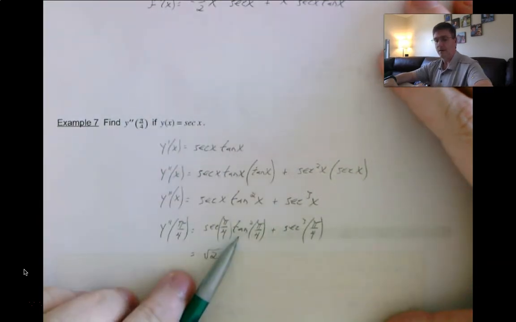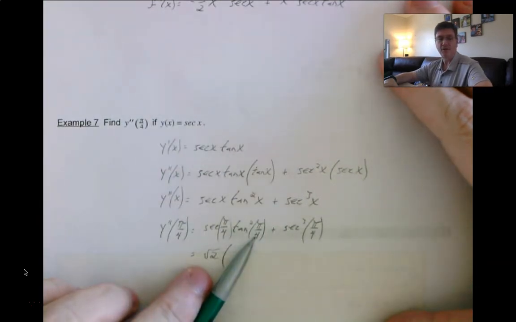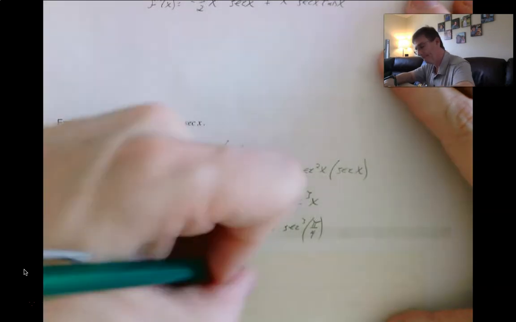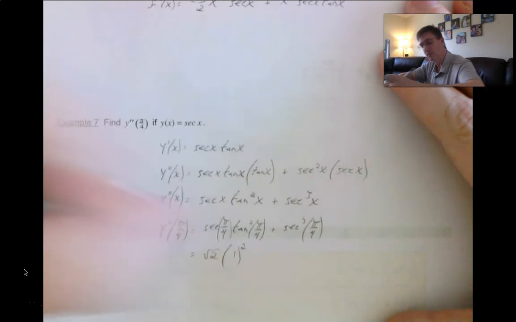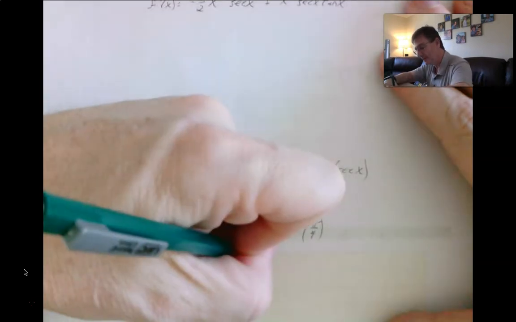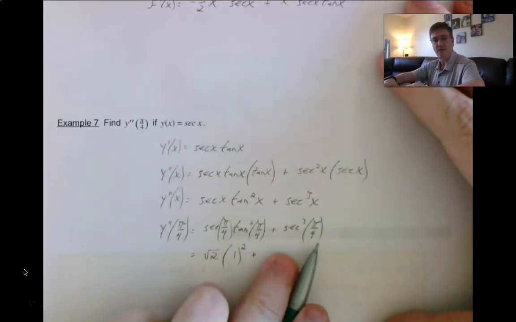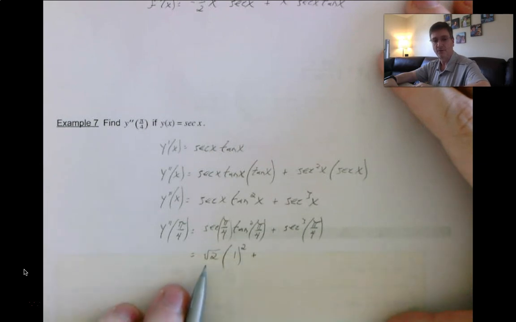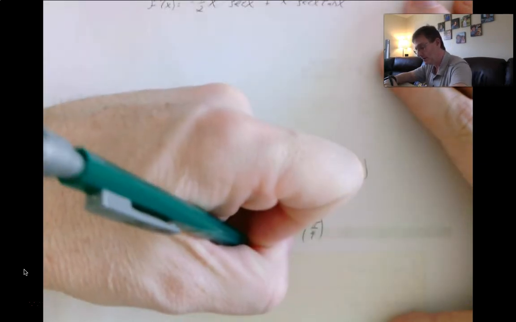Times tangent of pi over 4. Tangent is y over x, or sine over cosine. Y is square root 2 over 2, x is square root 2 over 2. Square root 2 over 2 over square root 2 over 2 is 1. 1 squared. Plus secant of pi over 4. We just found that out. Square root 2. Oops, I'm getting ahead of myself.